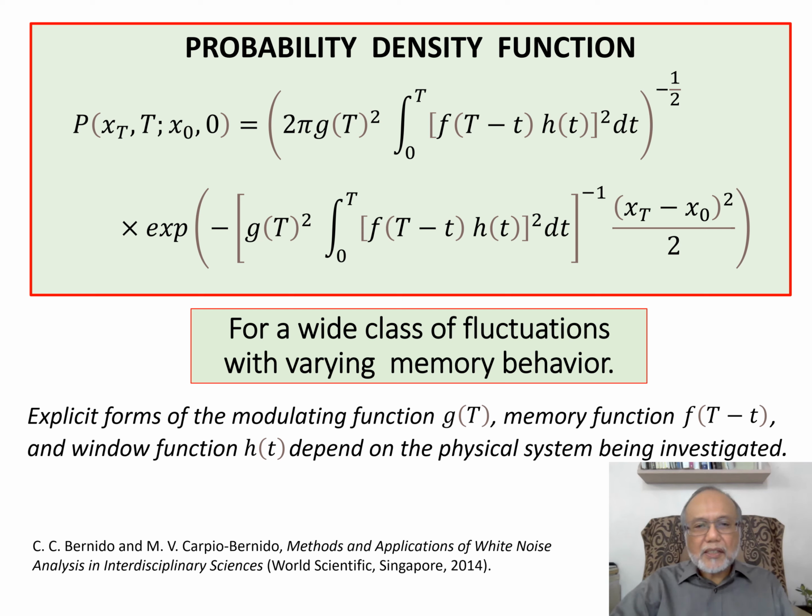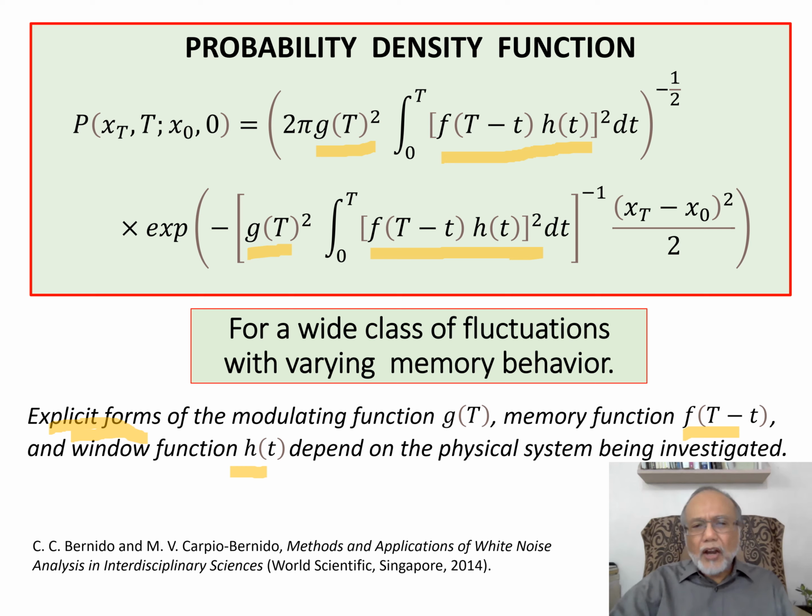The reason it's a huge class of stochastic processes is that you have the opportunity to specify the functions f and h and this g to suit the specific physical system that you're trying to study. So explicit forms of the modulating function g and memory function f, as well as the window function h, would depend on the system that you're studying.